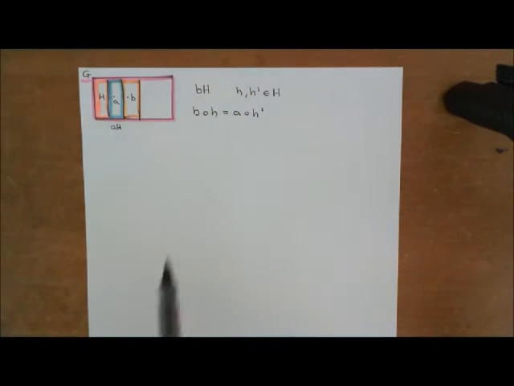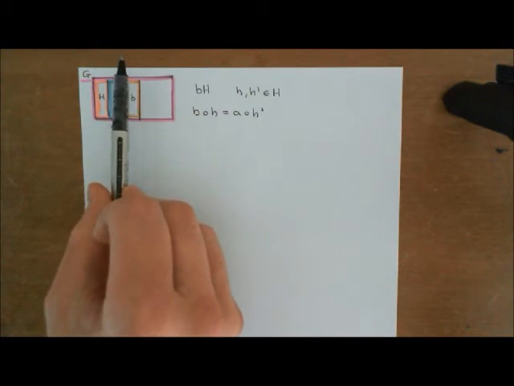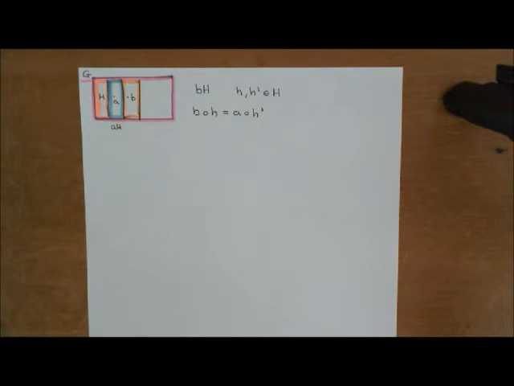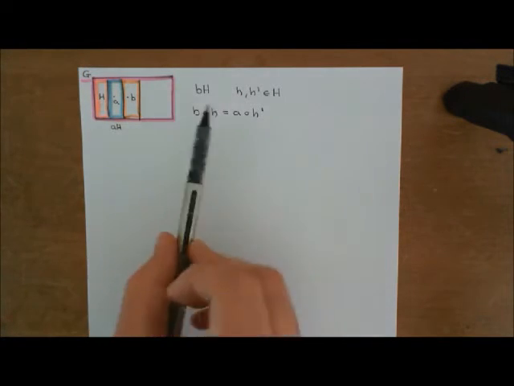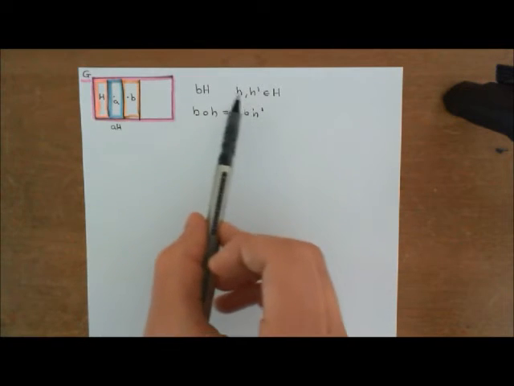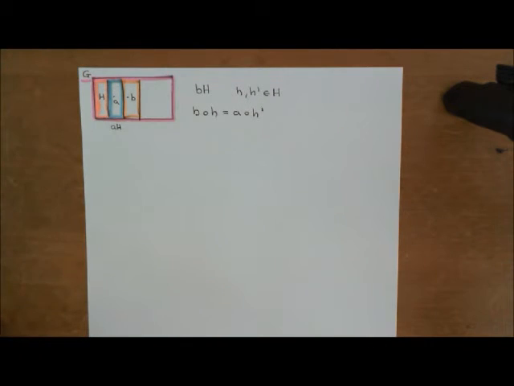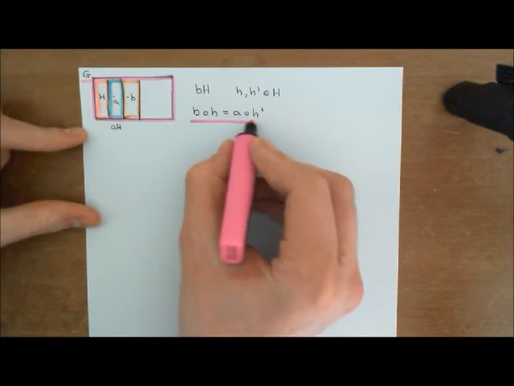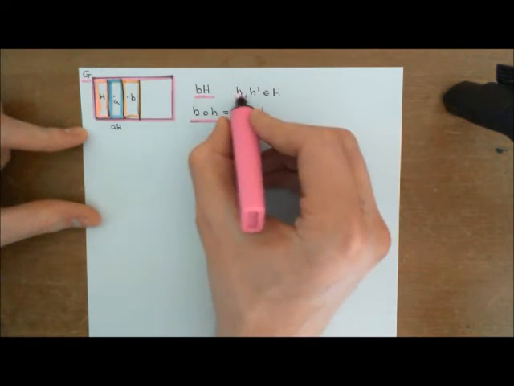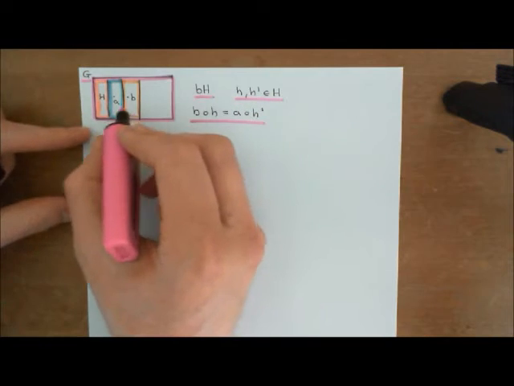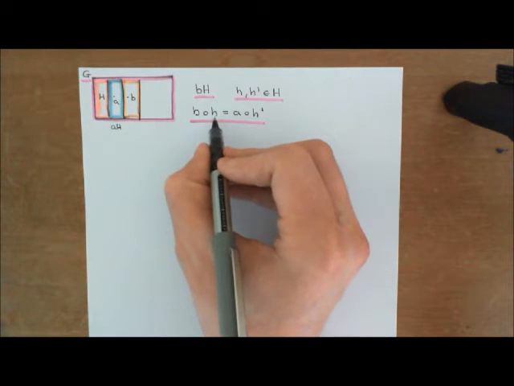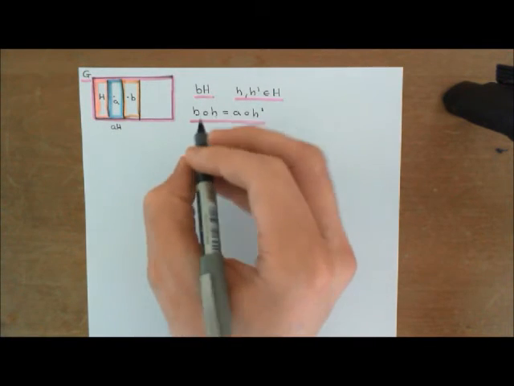So if it were the case that there was an element in this left coset of H under B that was equal to an element in the left coset of H under A, then this would be true for some little h and some little h prime that are elements of the capital H. This would be true if these two had a non-empty intersection. But then quite simply what you can do is compose on the right with little h's inverse.